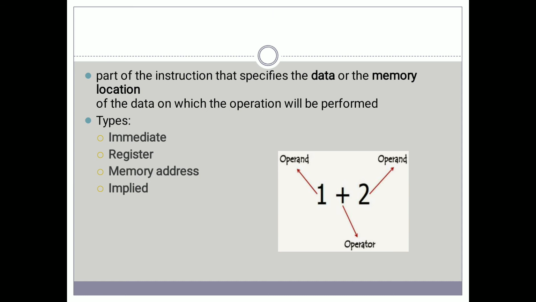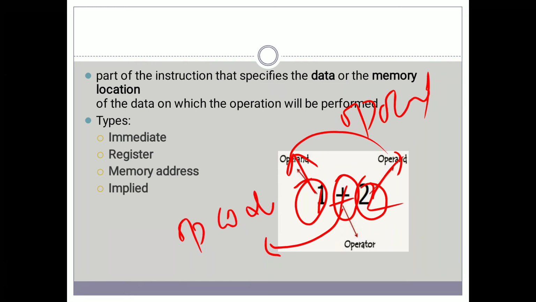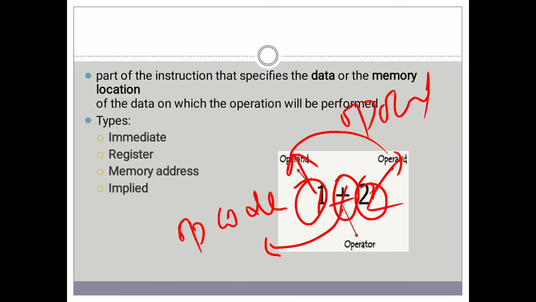Here is the example: 1 plus 2, where 1 and 2 are the data or operands. Which operation is performed here? Addition operation. That one is the opcode or operation code.